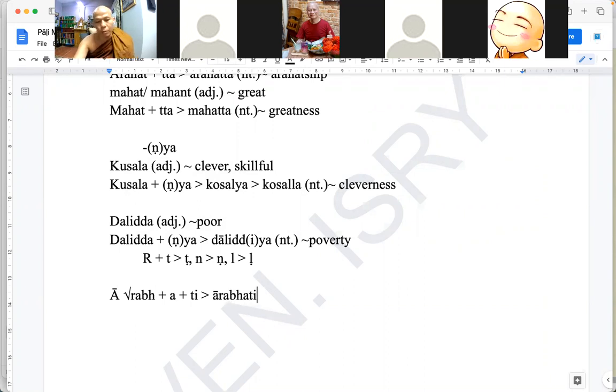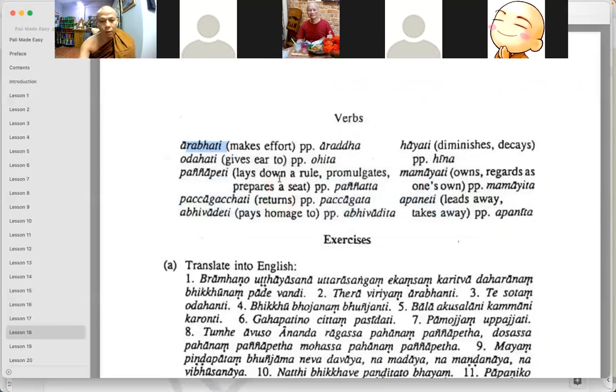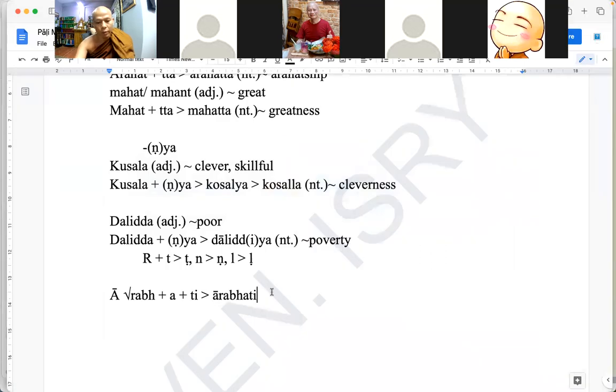In the book you see the meaning of arabhati is "makes effort". Actually, the verb arabhati alone doesn't mean makes effort. It actually means begin or start. But to get that sense, what collocation?